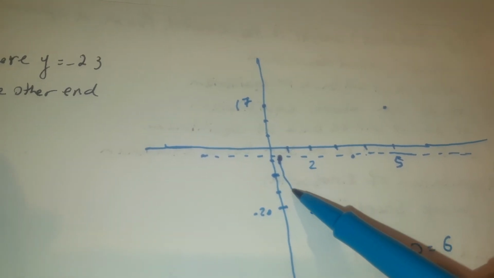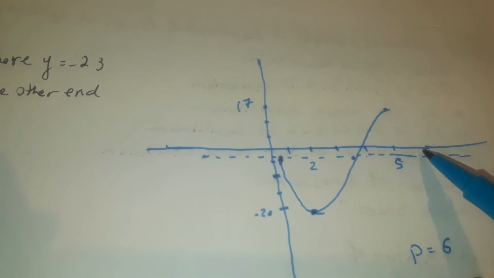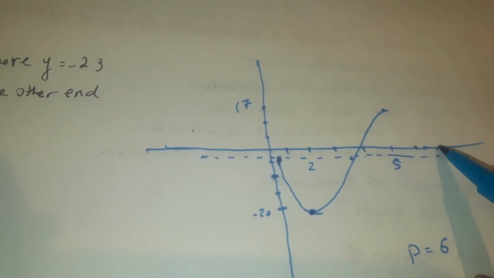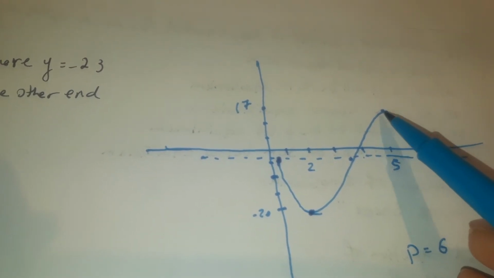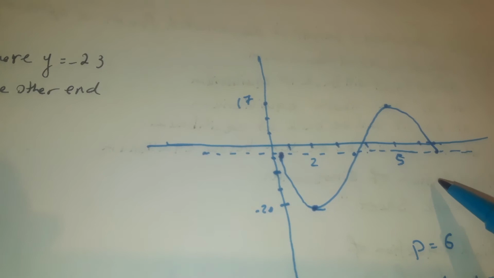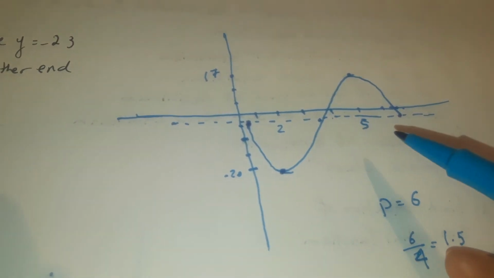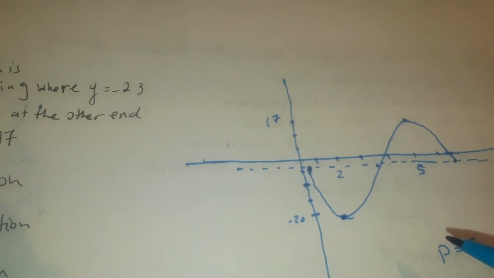Let's just do 1.5, 5, 6, let's say that's there. I get to the axis of symmetry again. So this is going to be my full cycle. Now I need to come up with the equation.